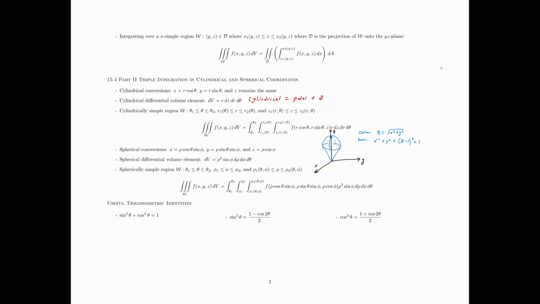So for spherical coordinates, what you want to do is sort of like you did in polar coordinates. You start at the origin and imagine striking lines outward through your region. What surface do you hit? The last surface you hit is this equation here.